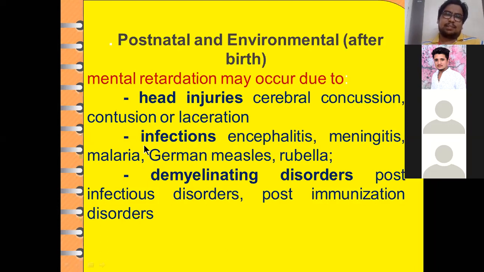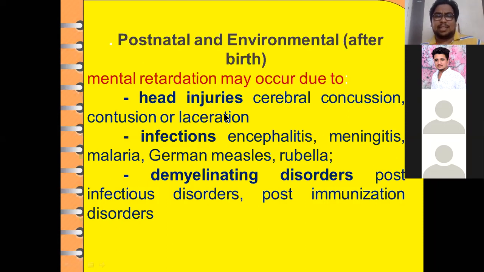If the myelin sheath is not covered properly, that may also lead to mental retardation. And post immunization disorder. After immunization, for example, when the vaccine injection is not given at the proper site, because of injury to the nerve, the baby can develop mental retardation. So these are the causes of mental retardation.